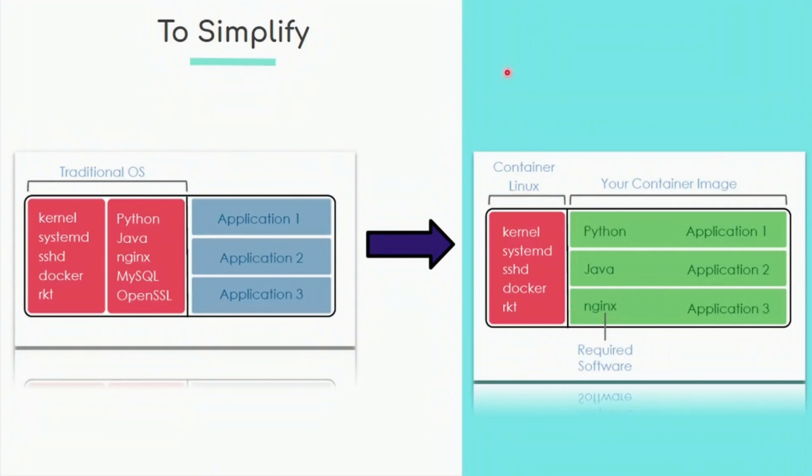In a traditional deployment on your machine, you may be solving this problem by using a Conda environment or a virtual environment, but imagine if you don't use either, this is what you will end up with. Traditional OS, where on the left-hand side you have your machine things, kernel, systemd, Docker, etc., and then you have your whole application stack, Python, Java, Nginx, SQL, and then you could have different applications.